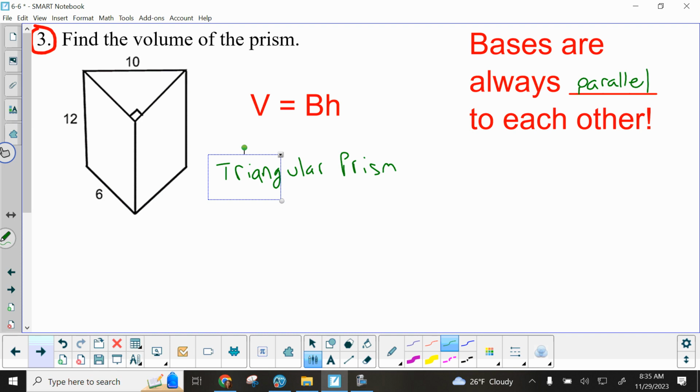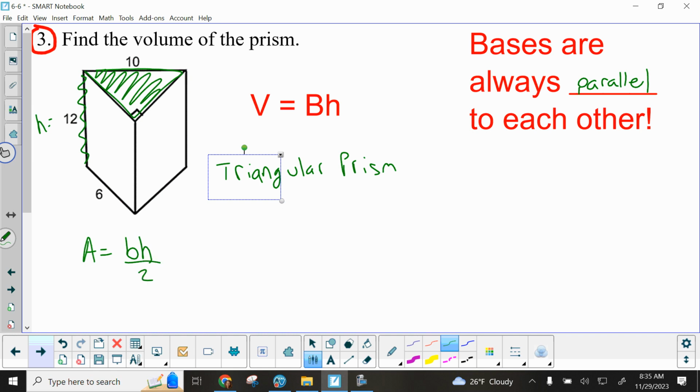All right, so I have to find the area of this triangle, and then I have to multiply by the height of the prism. So I know my height is 12, and I have to work on the area of the triangle. So area of a triangle is base times height divided by 2.